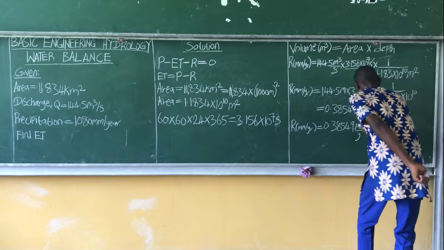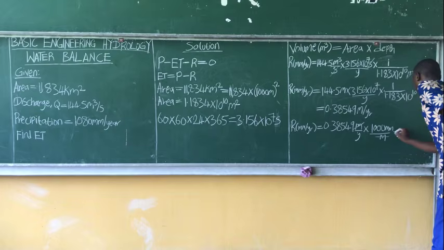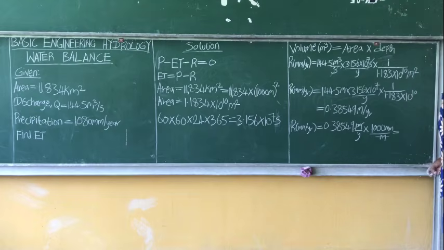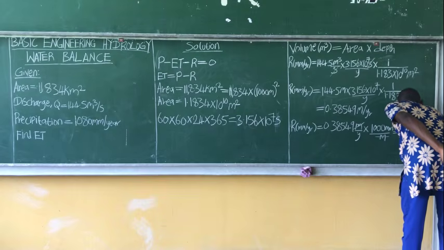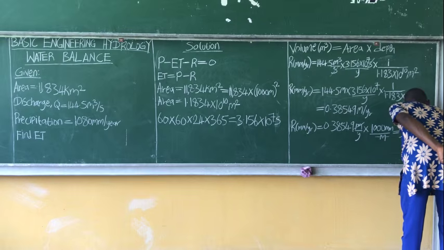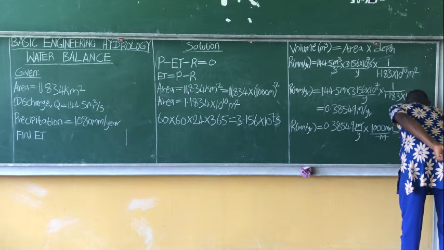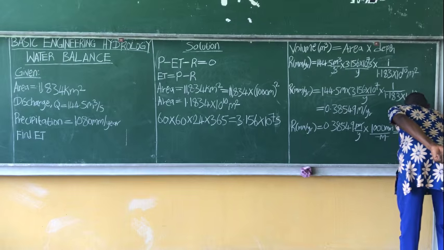So this cancels this. So we have our runoff in millimeters per year to be what? 385.49 millimeter per year.